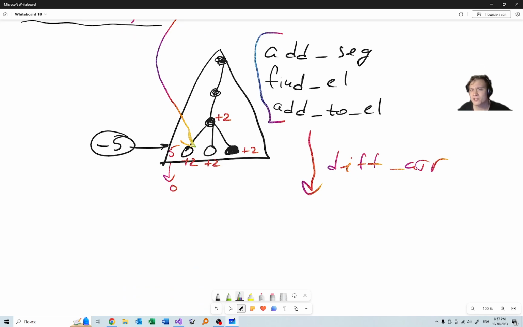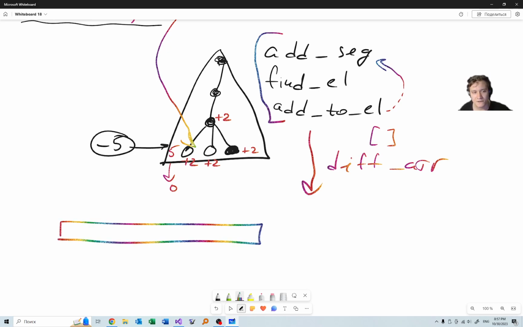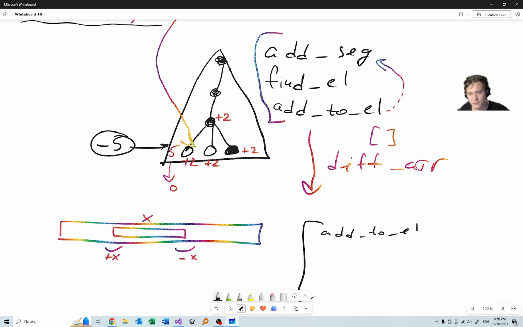So add to element is just reduced to add segment, because you can add to a segment consisting of one element. So you just need to add to segment and to find element. In difference array, if you add x to some subarray, it means -x to this element of difference array and +x to this element of difference array. So instead of that, you need add to element.